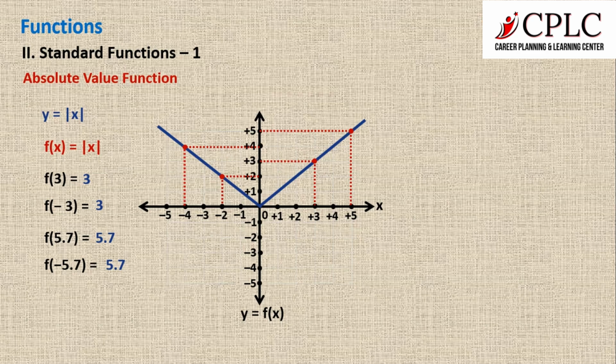These are all logical points why it is like that. And obviously the way modulus has been defined, distance of x from origin, that means the area under the curve in this case will be a triangular shape. So this is how the graph of the modulus function or absolute value function will look.